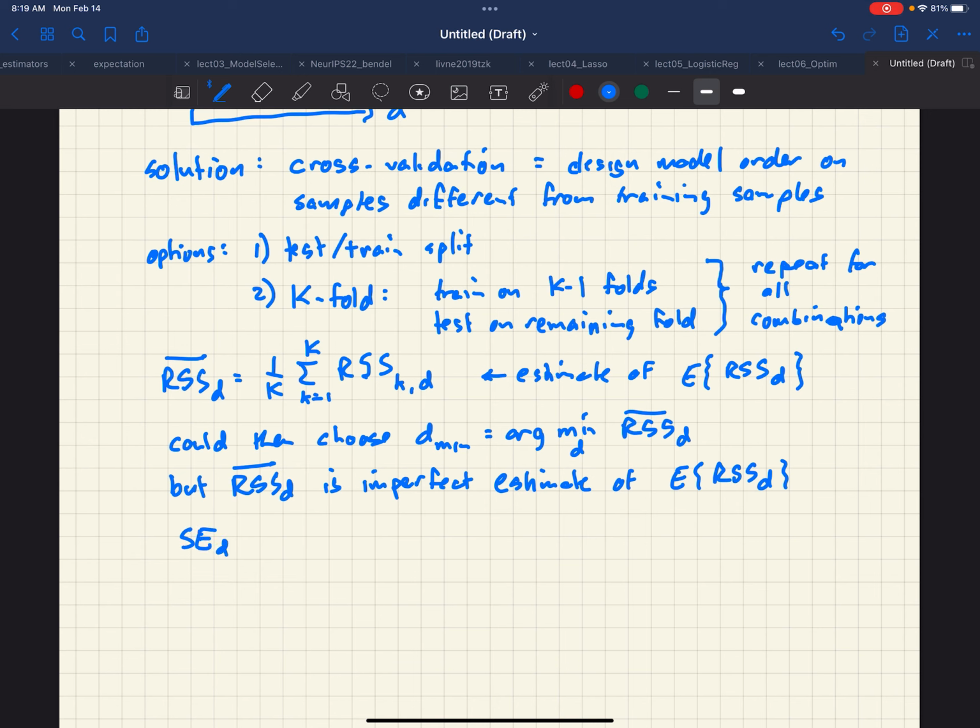And then we look for the simplest model. The one standard error rule is arg min over D of the D that gives RSS bar D less than RSS bar target.